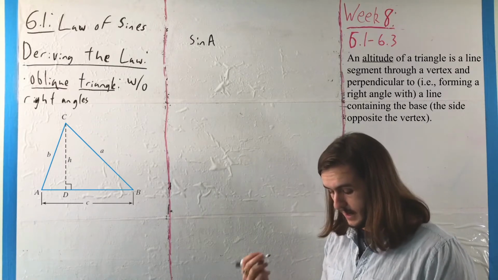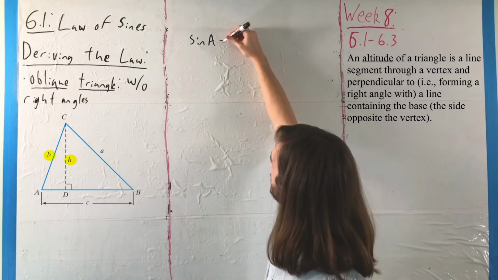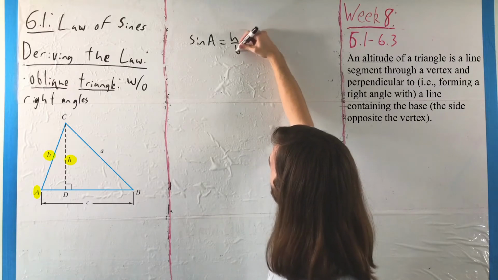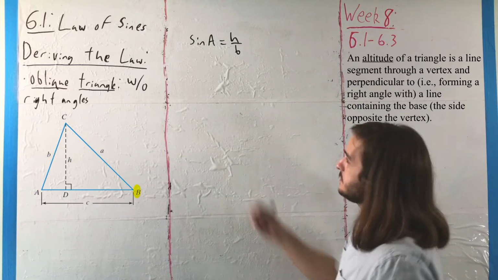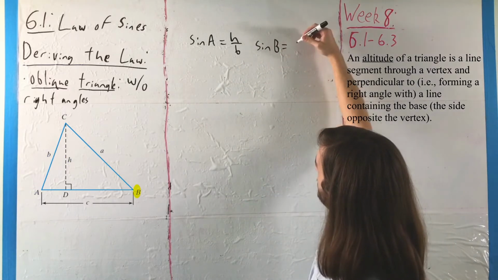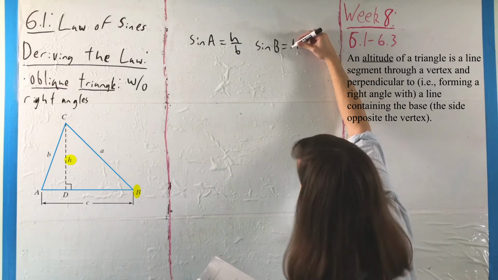So we will have that the opposite side is h, and the hypotenuse for that is b. So we get sine of A equals h over b. Meanwhile, on the other side, if we look at it in terms of B, we could say that sine of B is equal to h over a.